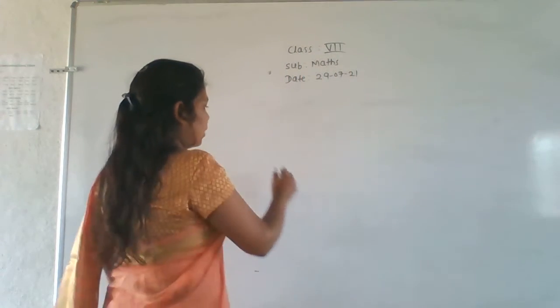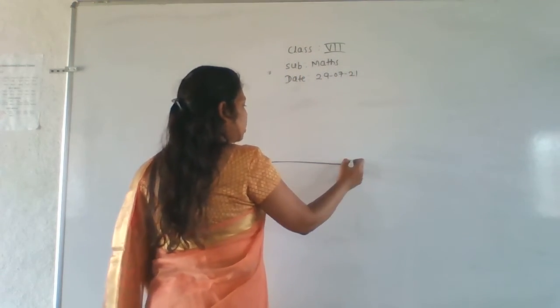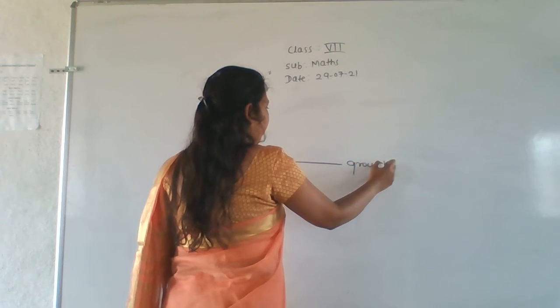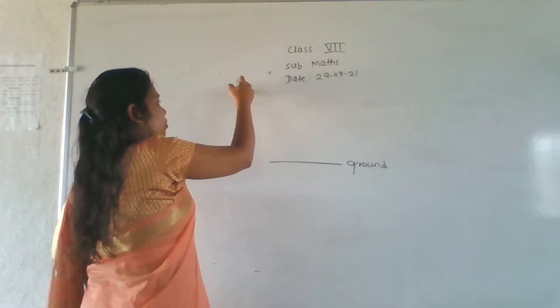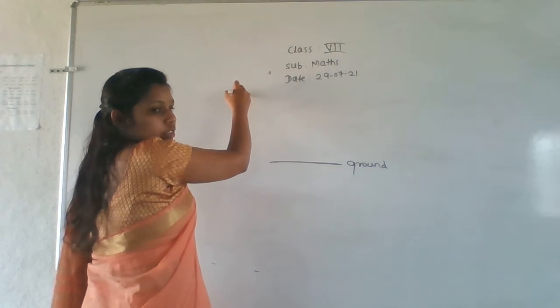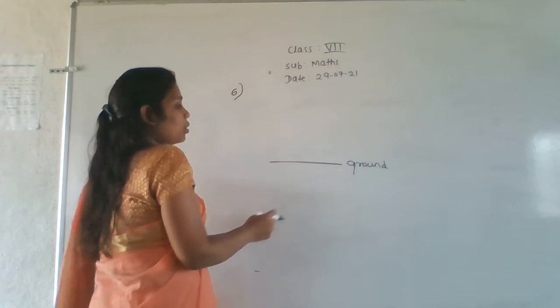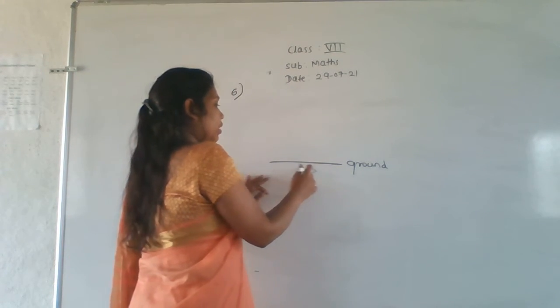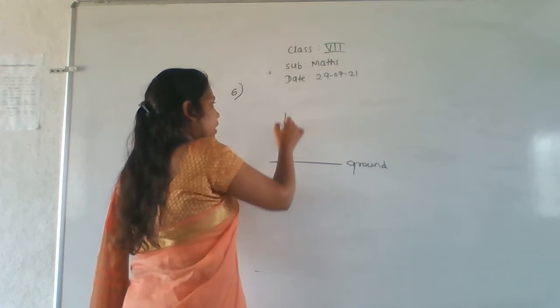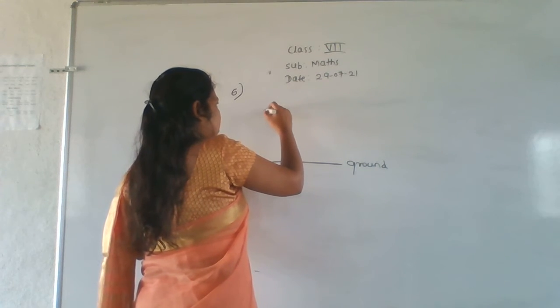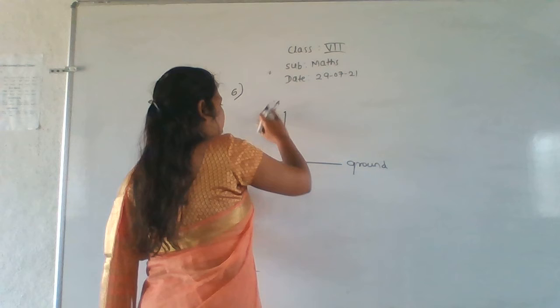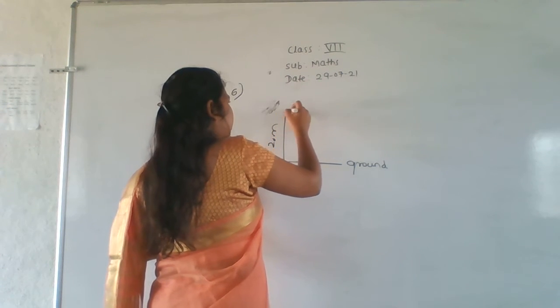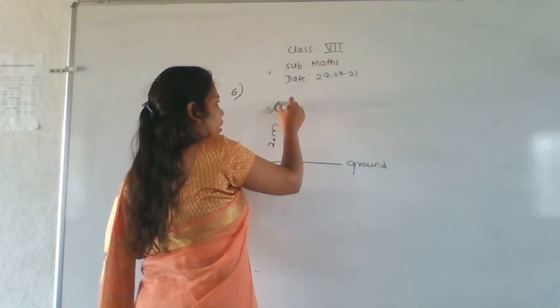Below the ground, you see here, consider this is the ground level. It starts at 20 meter above, means here 20 meter high is there, and it started from here.